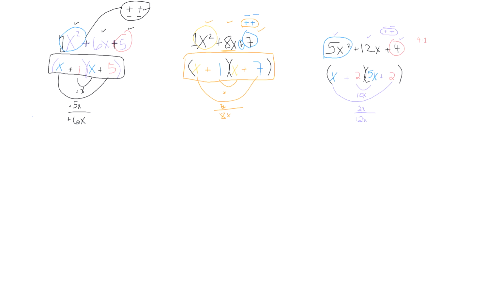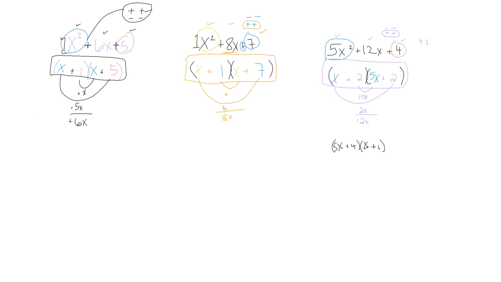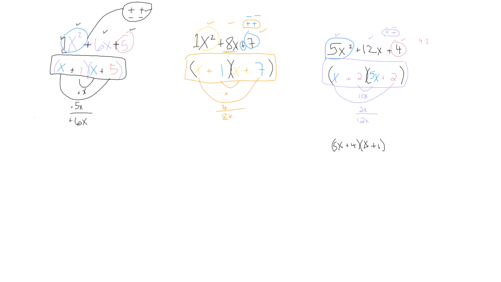Now, if someone were to choose, let's say someone chose 4 times 1. And they had x plus 4 and x plus 1, probably 5x. Maybe they did it this way. But they still have 5x times x gives them 5x squared. 4 times 1 gives them the 4.